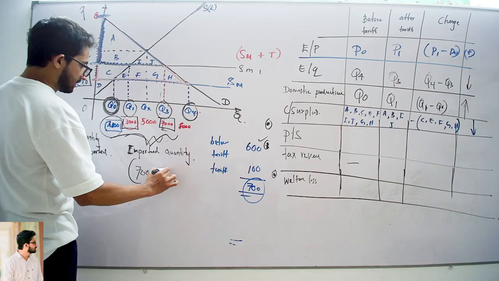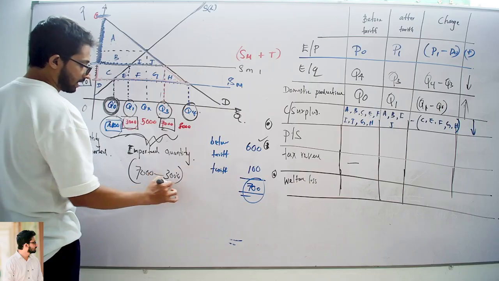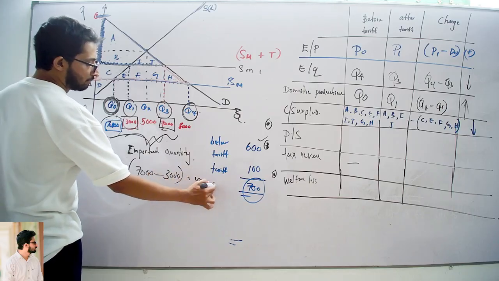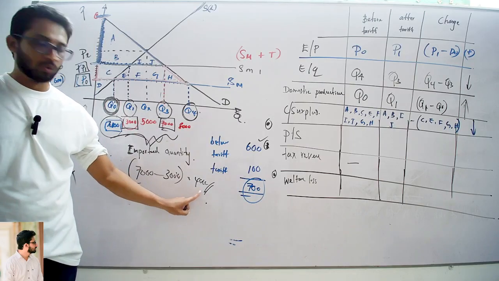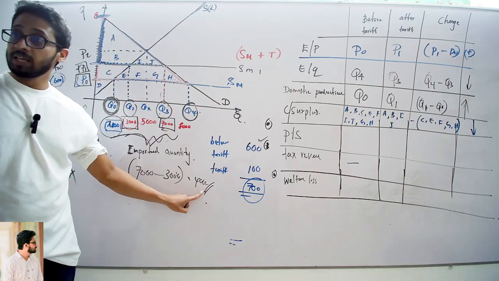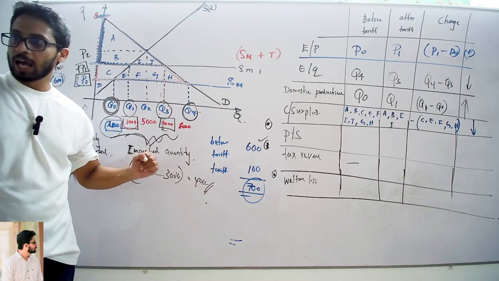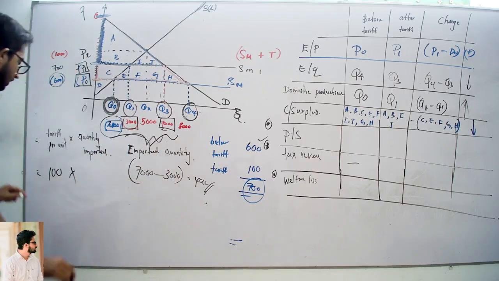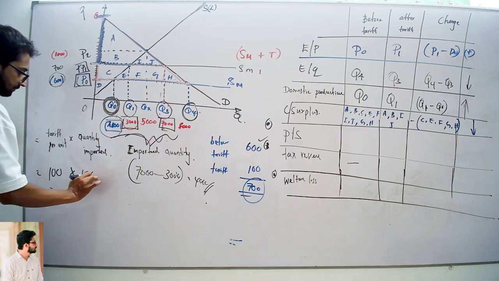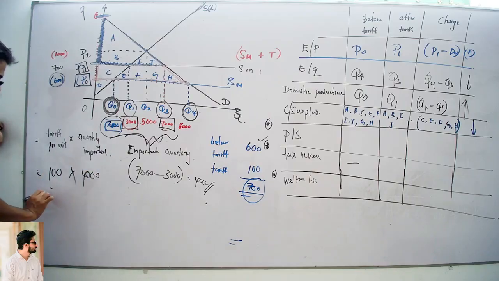Domestic supply is 3,000. Then 4,000 units are being imported, and tariff should be imposed for 4,000 units. 100 each, so 100 into 4,000. Total tax revenue would be 4 million.